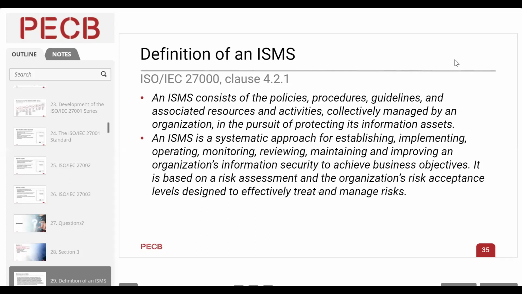You critically need an ISMS to manage your information and how to protect it. You might not have an extensive information system, but you definitely have information. Without information, what are you doing? There isn't anything that you can do without information. So that needs to be put into perspective.